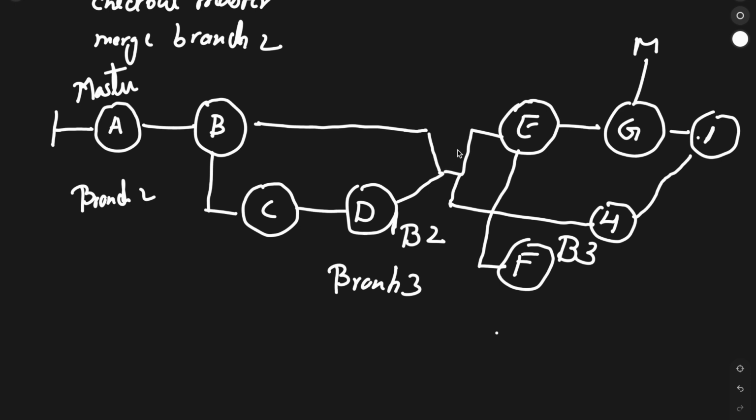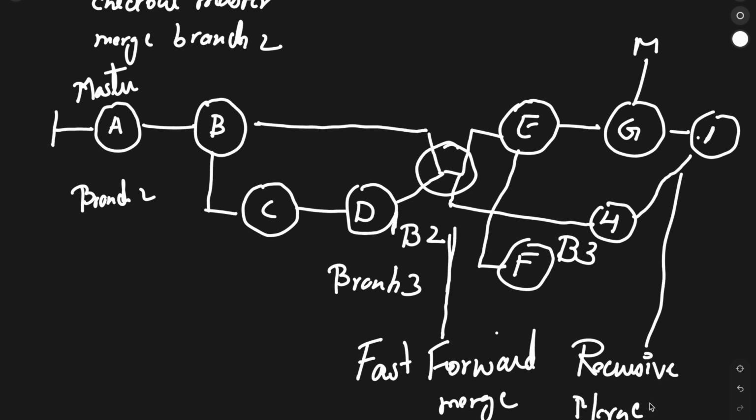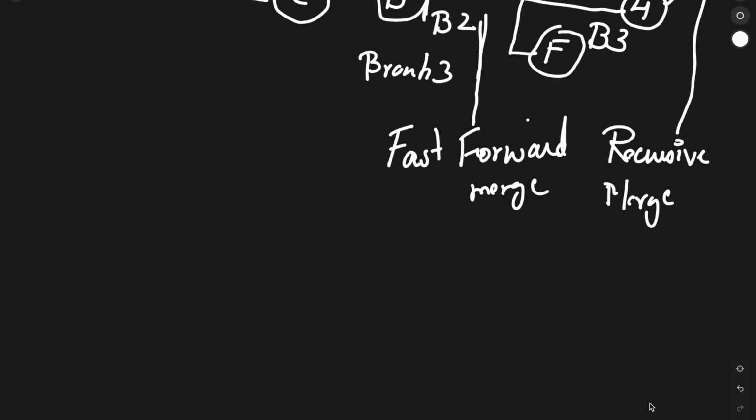You can see that after the commit B, there was no other commit made in the main branch when commits C and D were made in branch 2. But in the merge that we just made, which is a recursive merge, commits E and G were made in the master branch when the commit H was made in branch 2. So that is why it is a recursive merge.